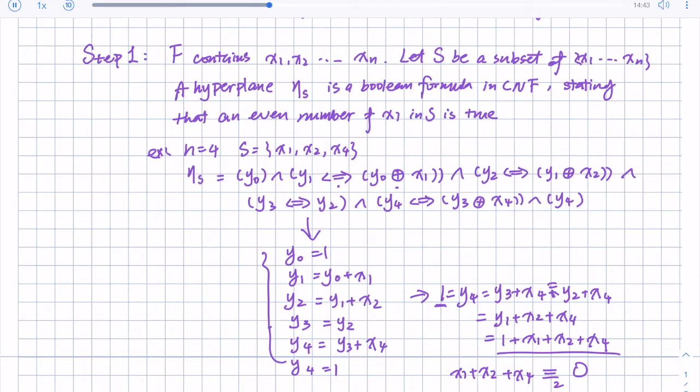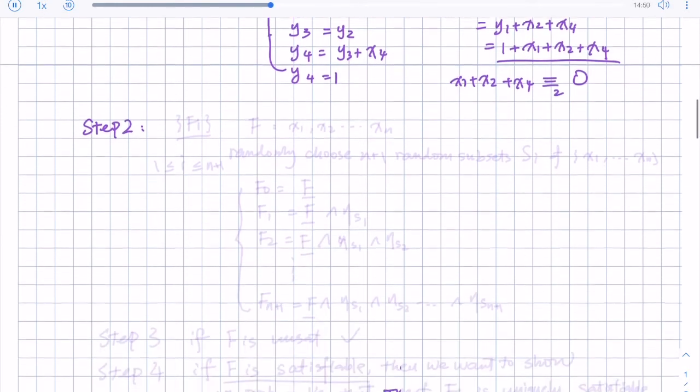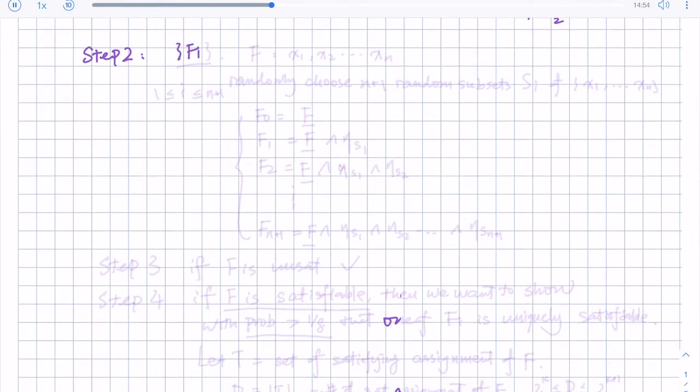Now for step 2, we're trying to construct the set of formulas Fi using the gadgets that we just described.